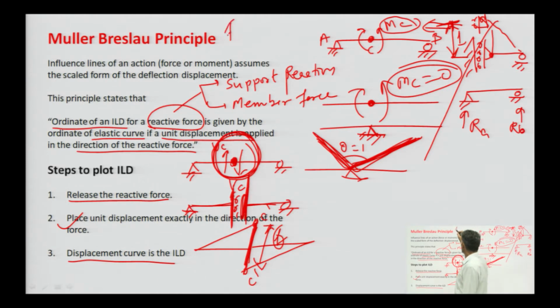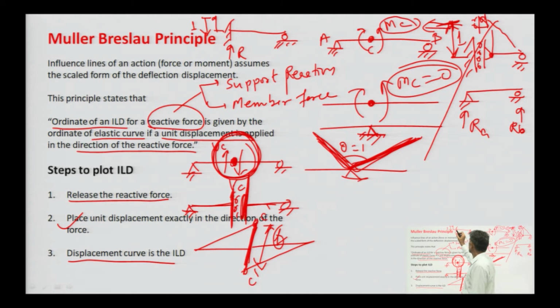If I have a fixed support here and a roller support here, this is an indeterminate beam of order 1. Okay. If I am plotting the IL for RA, then we need to provide the unit displacement here. How will it be?